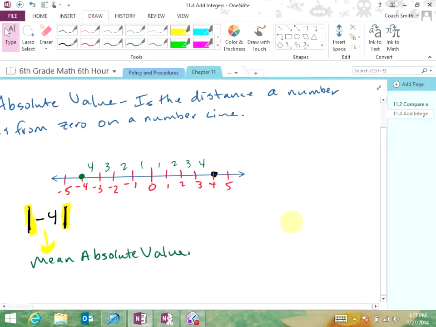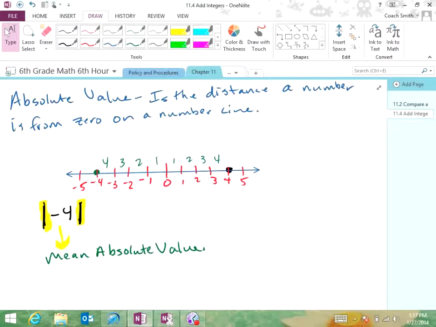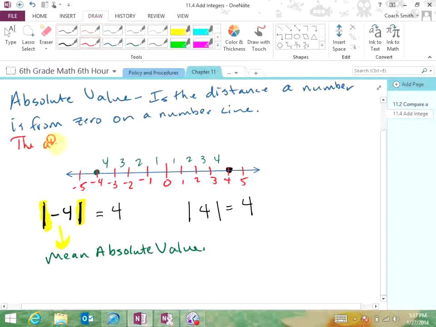Now, the absolute value of -4, we've already said, is 4, because it is 4 units from 0. So the absolute value of 4 is also 4. So the absolute value of all numbers is never negative.